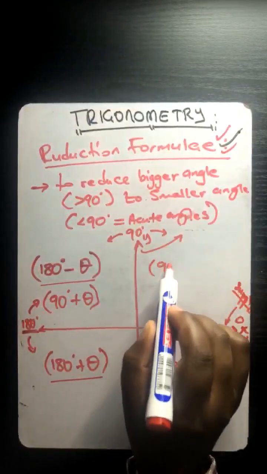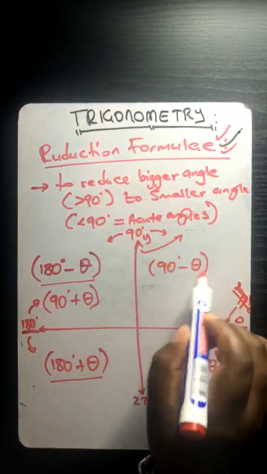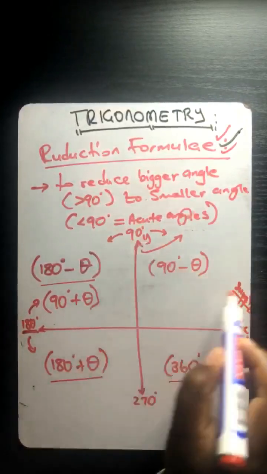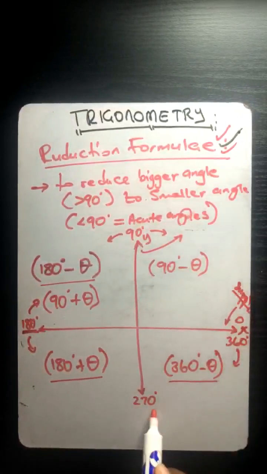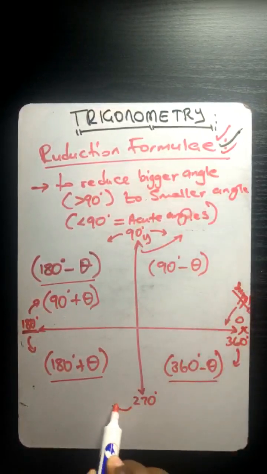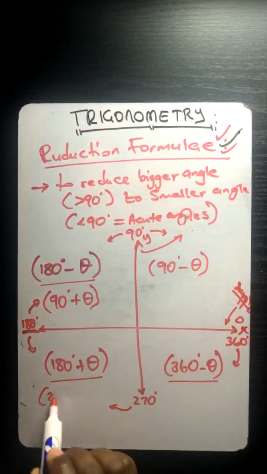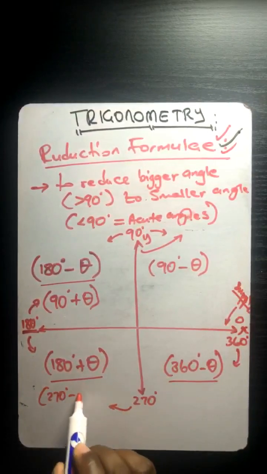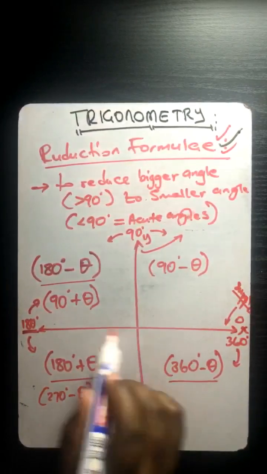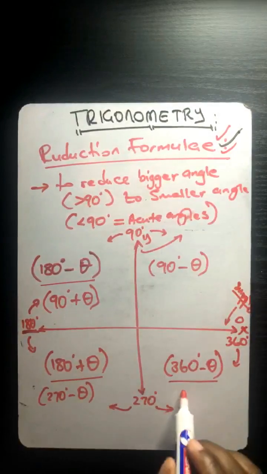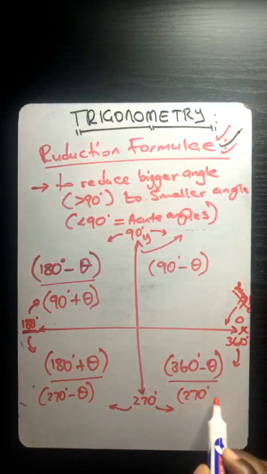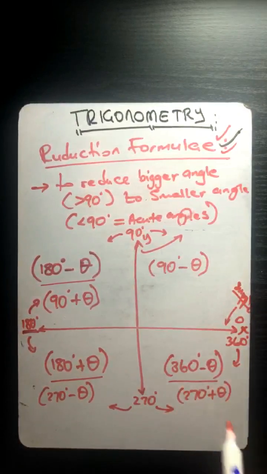It's more like you're saying 90 degrees minus an angle. It takes you back to an acute angle. With regards to 270, reverse means minus. So if you say 270 degrees minus an angle, it takes you back into this quadrant. But to the next quadrant, it's more like you're saying 270 degrees plus an angle.